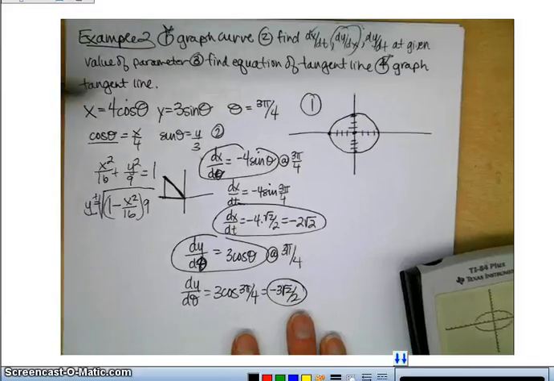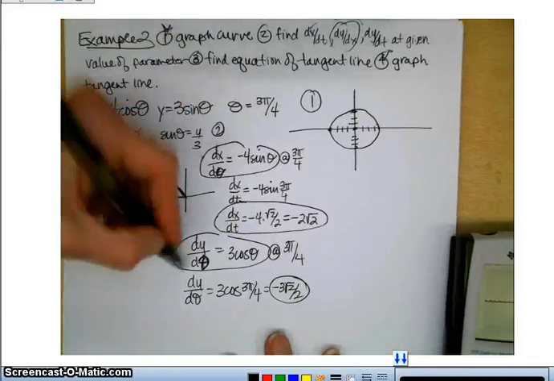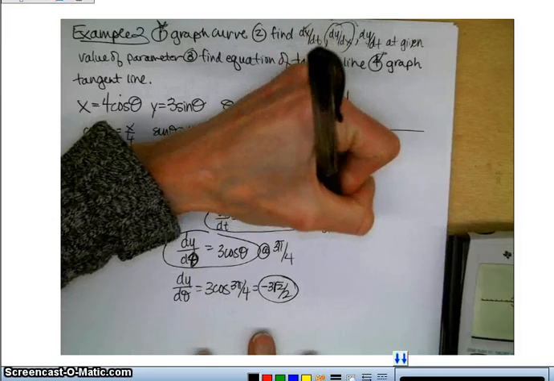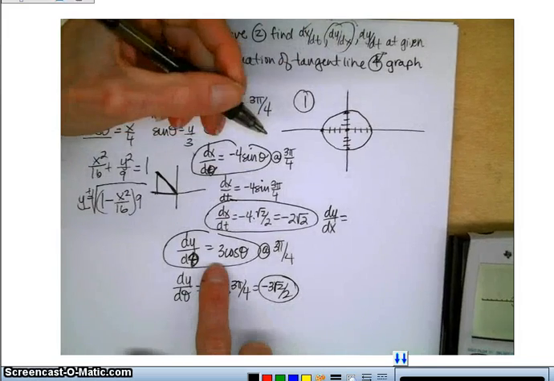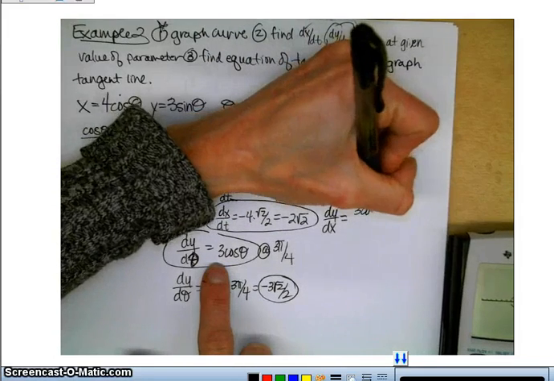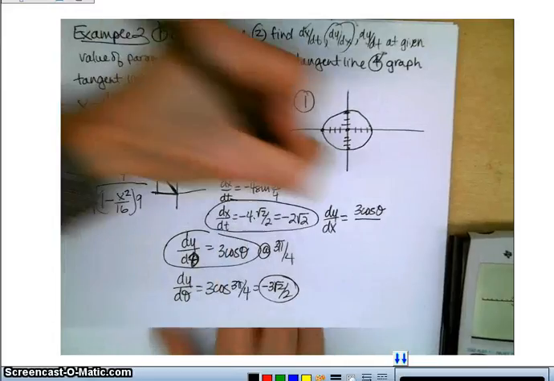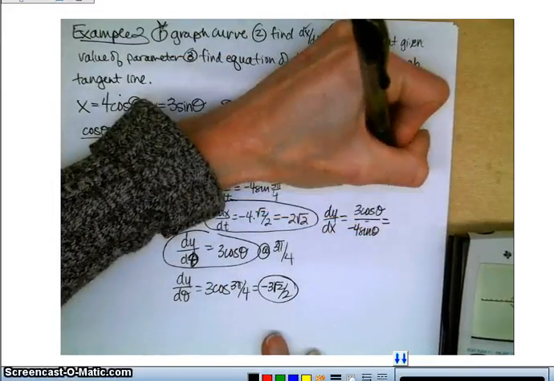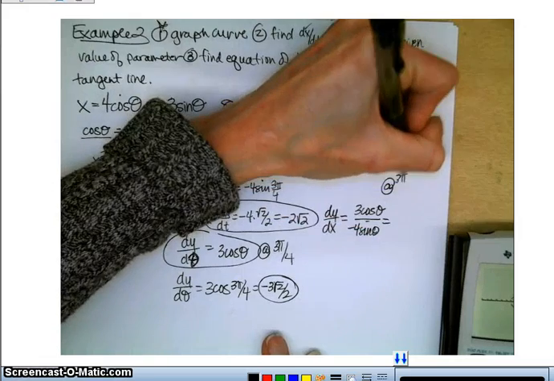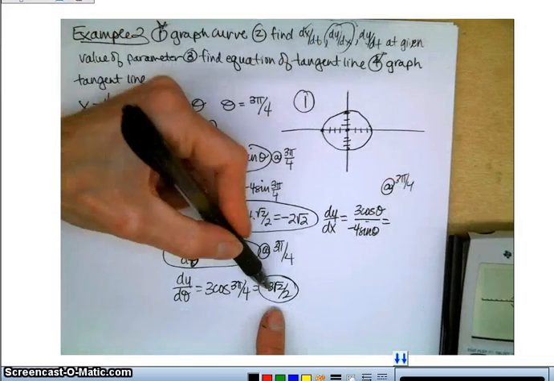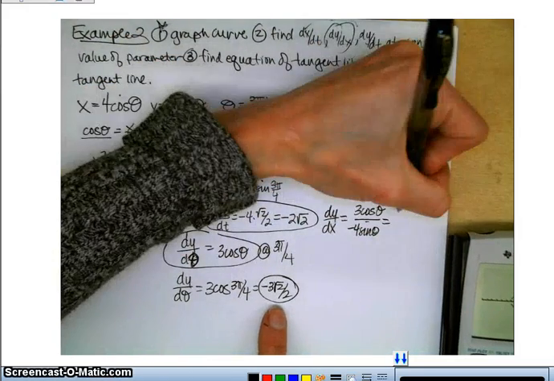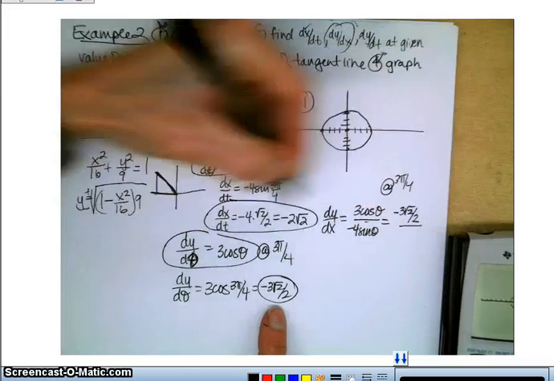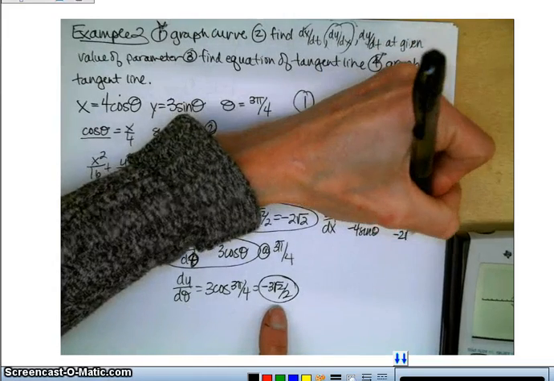Okay, finally dy over dx, and we could have just found both of these, divided them, and then plugged it in. So dy over dx means dy over d theta, that's 3 cosine of theta, divided by negative 4 sine of theta, those are our two derivatives. And at 3 pi over 4, we've already worked both of the top and the bottom out. That's negative 3 radical 2 over 2, and this one is negative 2 radical 2.